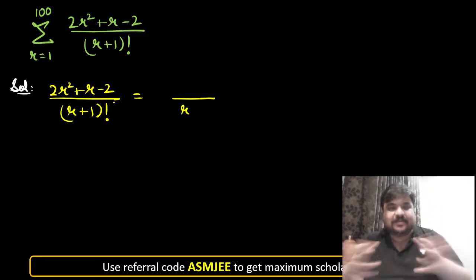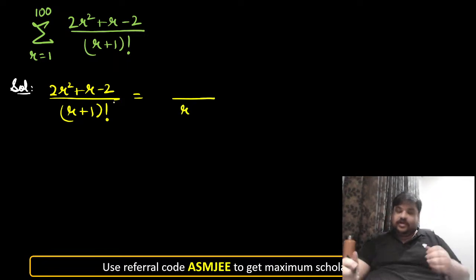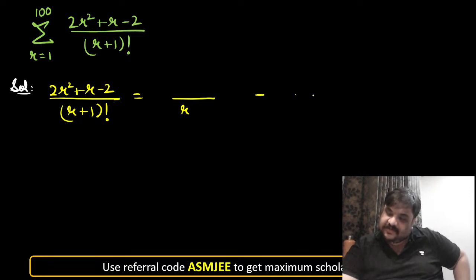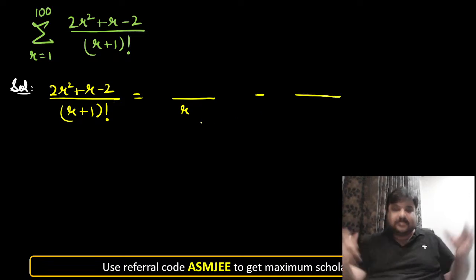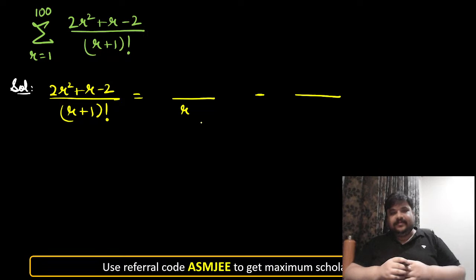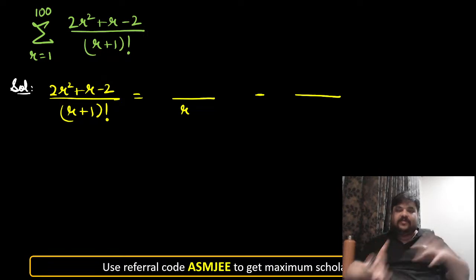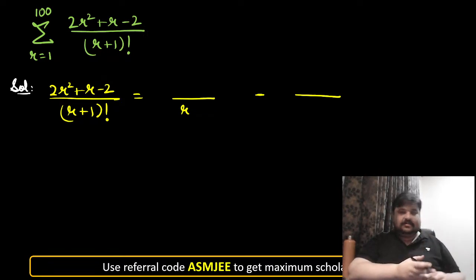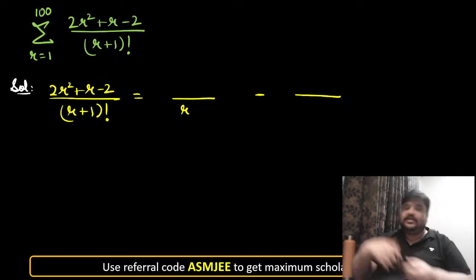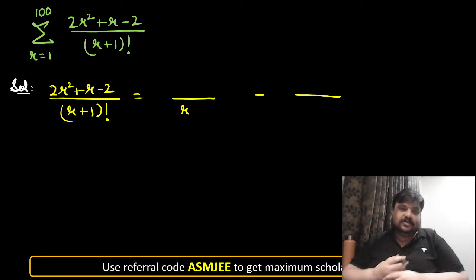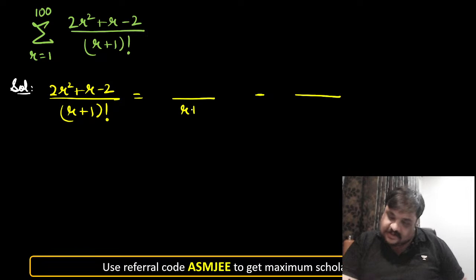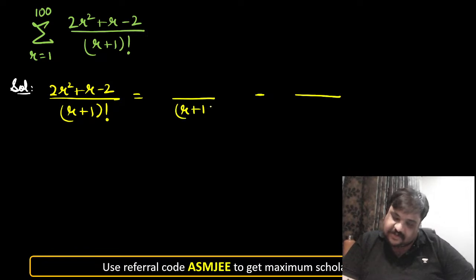Now you need LCM as r plus 1 factorial, right? You need two terms separated with a minus sign, and the LCM should be r plus 1 factorial. And one of them should be in the form of r plus 1, other one should be in the form of r. So I think it is very easy to guess. Take one of them as r plus 1 factorial and other as r factorial.